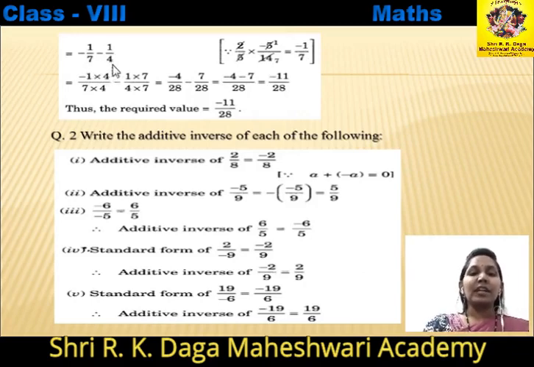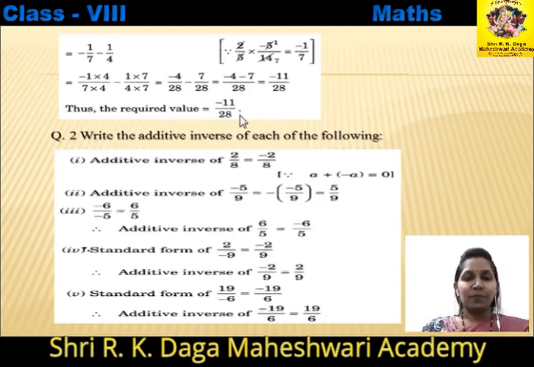Now again denominators are different, so we will take LCM, and when we solve these terms, we will get minus 4 by 28 minus 7 by 28. Now denominators are same, so we will solve this and getting minus 11 by 28 as the required value.